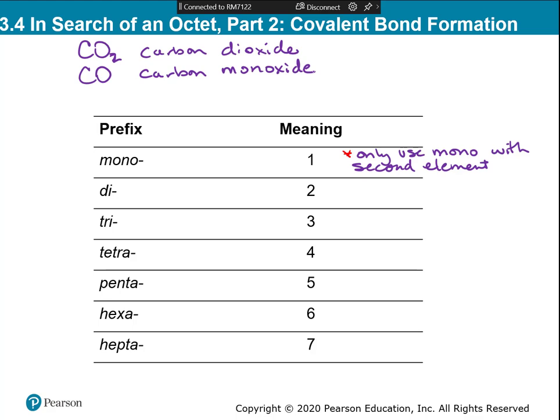So that's where it's monoxide instead of monooxide. Then what would you have if you had CO3? That would be carbon trioxide. So the number for the oxygen goes as that Greek prefix in front of the oxide.